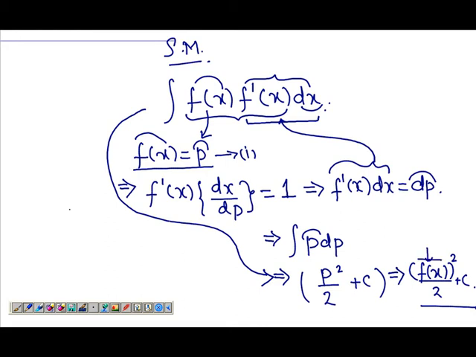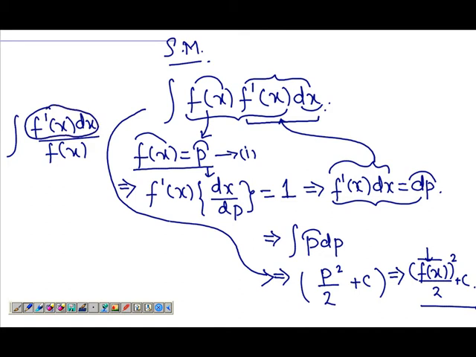So let me see if it matters where the f of x or the function is present. Let's say it's present in the denominator. What do we do then? We just put f of x equal to p, the same thing, and you just follow these steps and you get f dash x d of x equals dp, and f dash x d of x is still present there in the numerator, so I can just put this equal to dp, and I can put this equal to p.